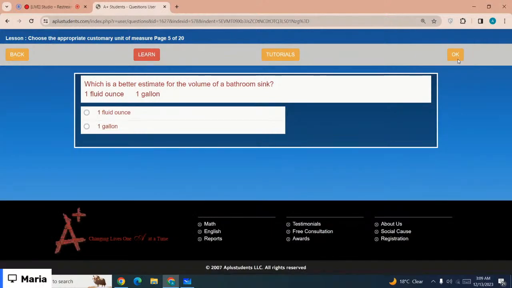Okay, the next one is: which is a better estimate for the volume of a bathroom sink? 1 gallon or 1 fluid ounce? Which is the correct option?